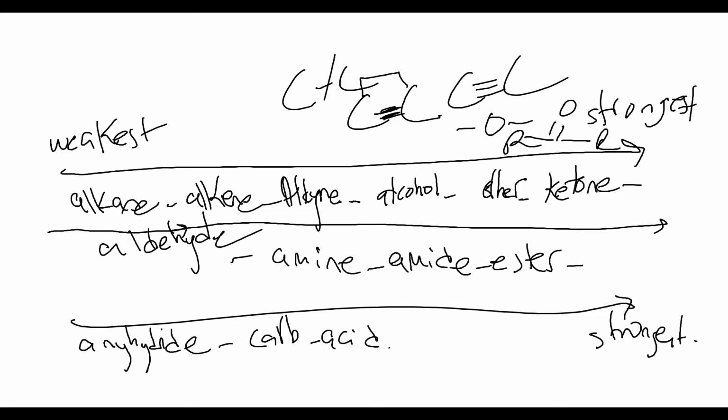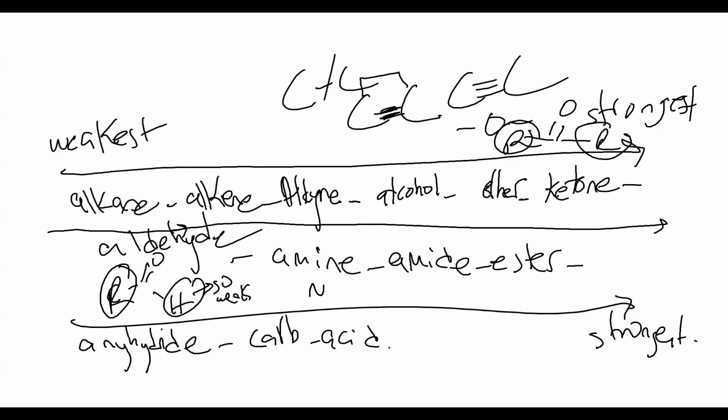Aldehyde, we're going to have an O and the C, and then an R and then H. But why do we put the ketone before the aldehyde? Because the ketone has two radicals, however, aldehyde has one radical and another H. H is so weak. So that's why, because of the H, it's not as strong as the ketone.